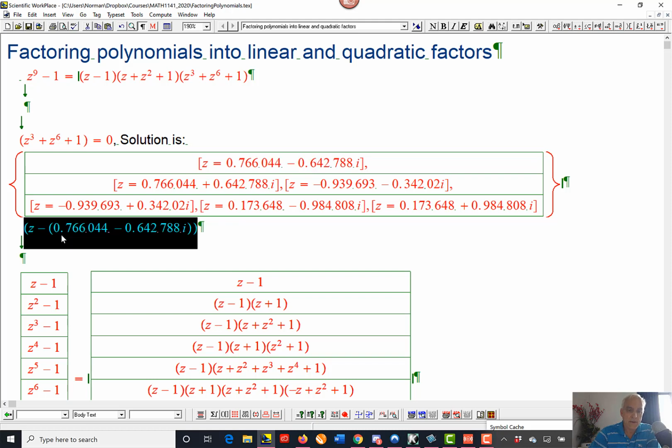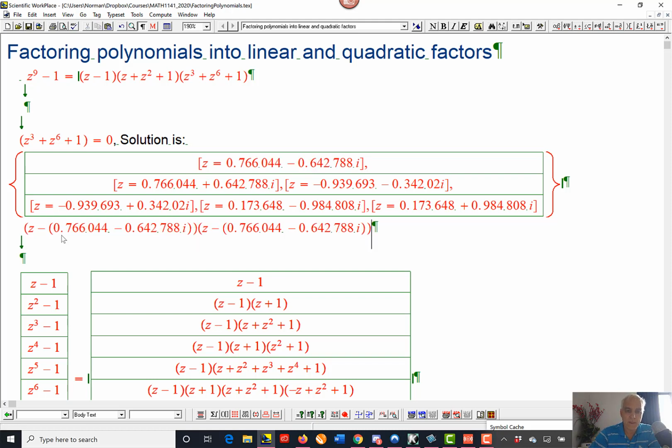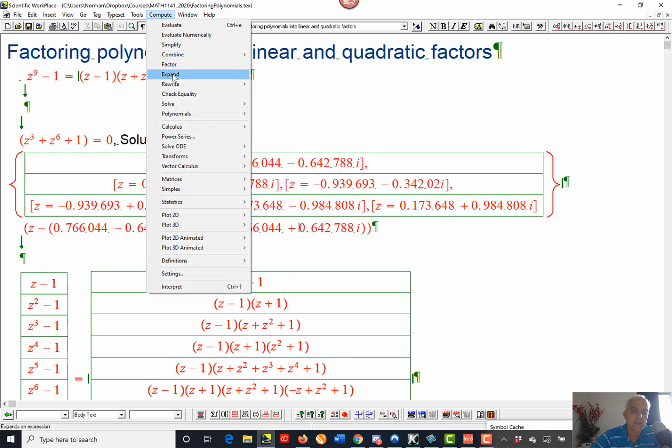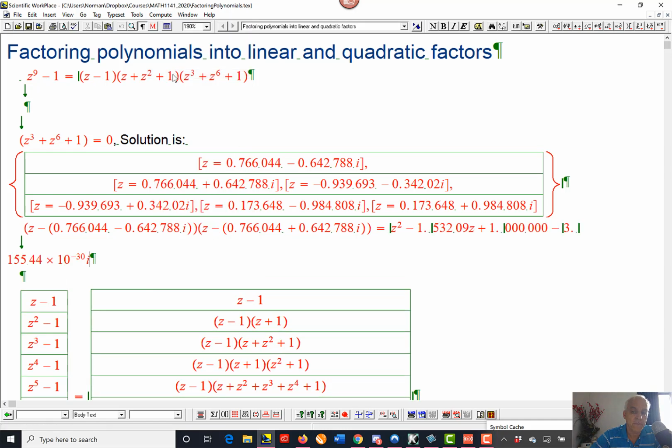And then I'm going to take the same thing, but I'm going to adjust it so that this thing here is the complex conjugate, so that instead of having minus 0.642i, it has plus 0.642i. So I have 2 linear factors corresponding to this complex conjugate pair. And I'm going to just ask it to expand this.